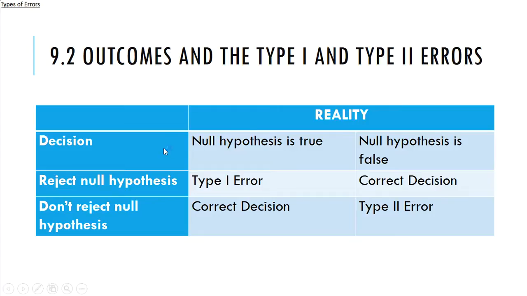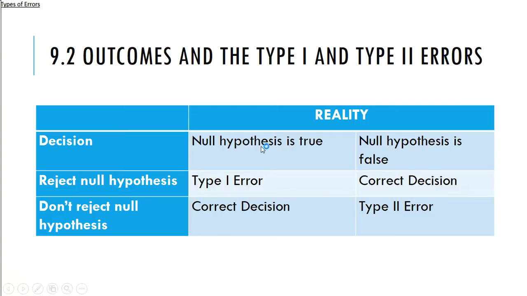So let's say your decision was that your null is true, and in reality, your null is true. If your null is true, but you reject it, you make a type 1 error. Again, if your null is true, but you say it's false, that's a type 1 error.